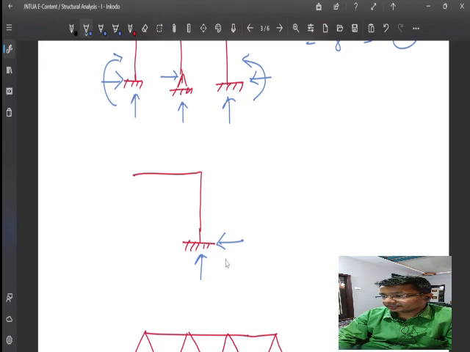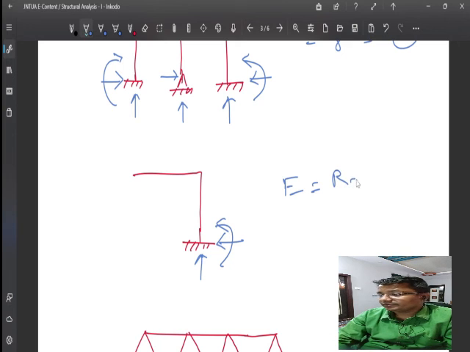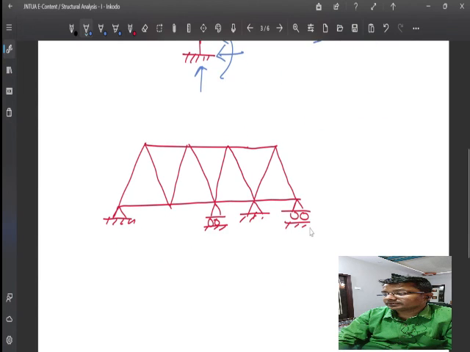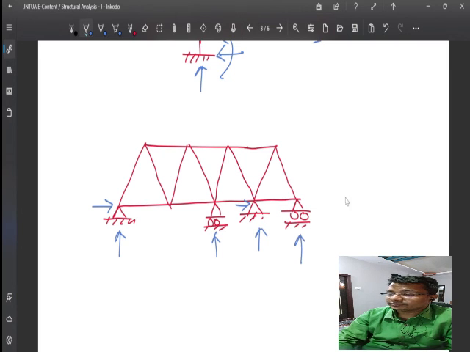Now let's see this one. This is as simple as the cantilever beam. So E equals R minus r, that is 3 minus 3, that equals 0. Now let's take the next example. So here I'll have 1 here, 1 here, 1 here, 1 here, also 1, and 1 here.